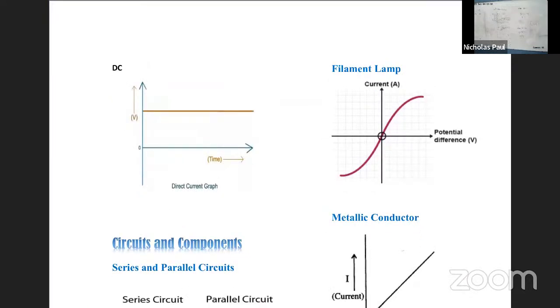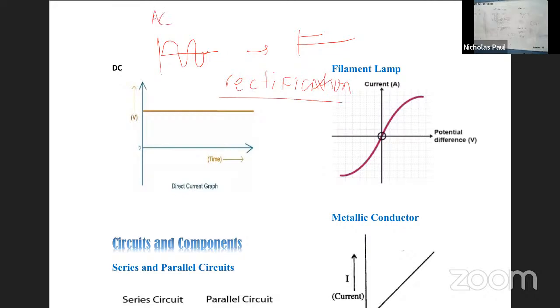What's the process of moving from here to here? Yes, very good. It's called rectification, but we only have to learn half-wave for now, right? Rectification goes from an alternating supply to a direct supply.